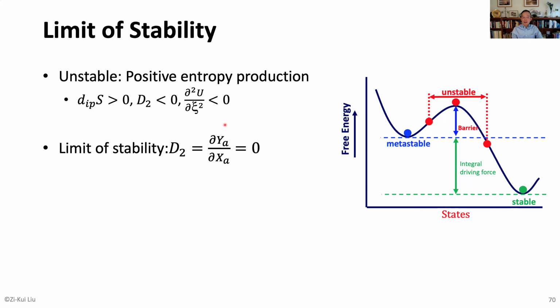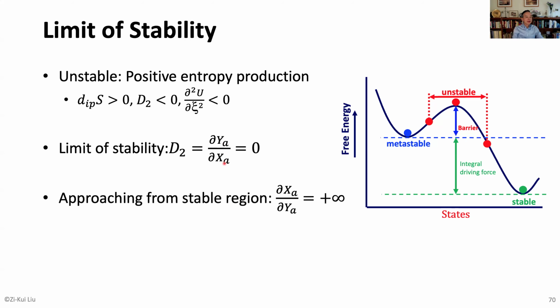D2 is the derivative between the conjugate potentials and the molar quantity, equal to 0. So if we approach from the stable region, remember it's positive, and then it becomes smaller and smaller, then reaches 0.